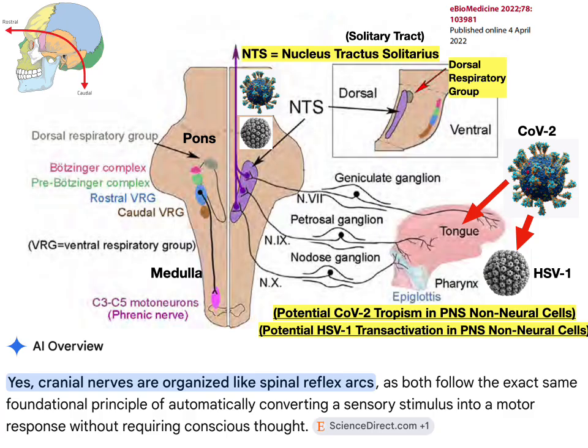However, the interconnections between various levels in the brainstem are more complex than you find in the spinal cord. Infection and inflammation of cranial nerves and/or the brainstem is likely to alter the connectome and thus the sensory motor functions of the brain.